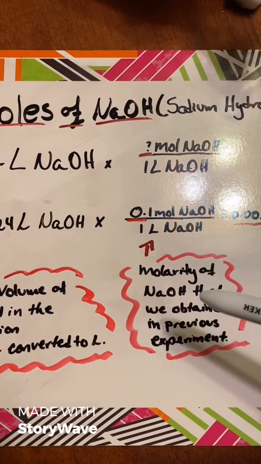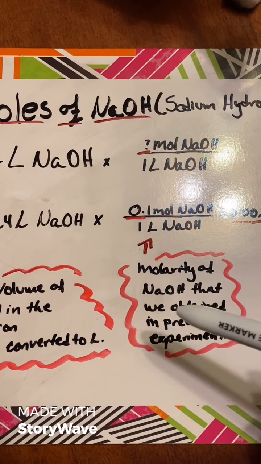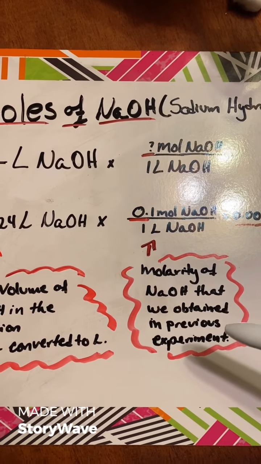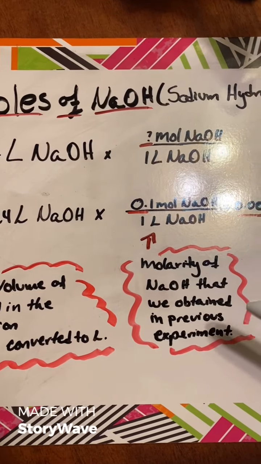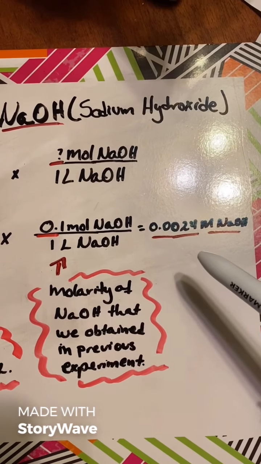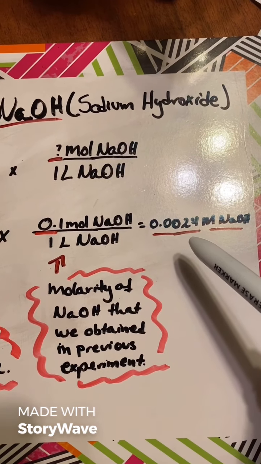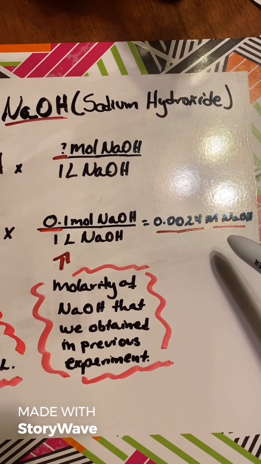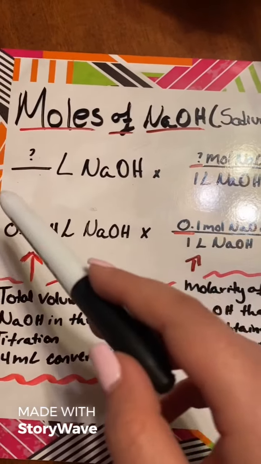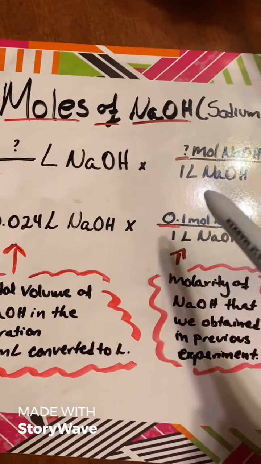This 0.1 was the molarity of sodium hydroxide that we obtained in our previous experiment, and the solution is equal to 0.0024 moles of sodium hydroxide, and this is our formula up there.